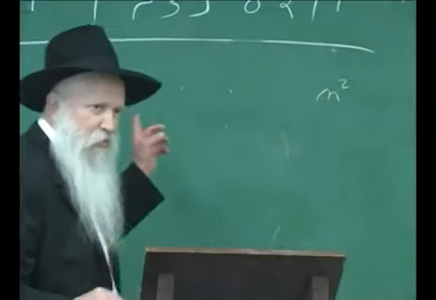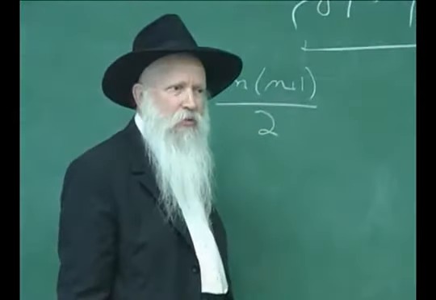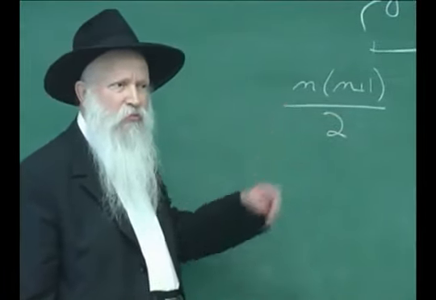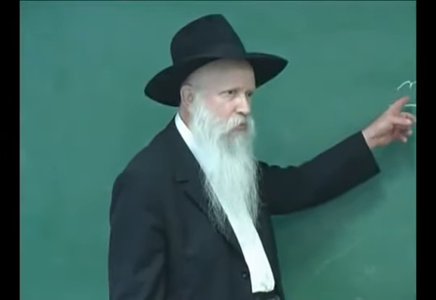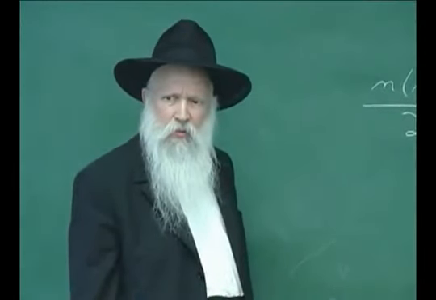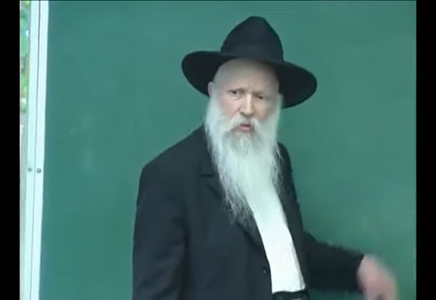Do you understand what this means? Let's say n is 3. So what does this expression give you? If n is 3, it's 3 times 4 over 2. What is 12 over 2? 6. 6 is the triangle of 3.